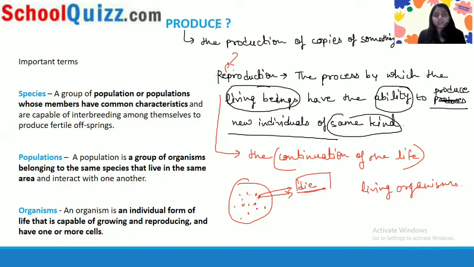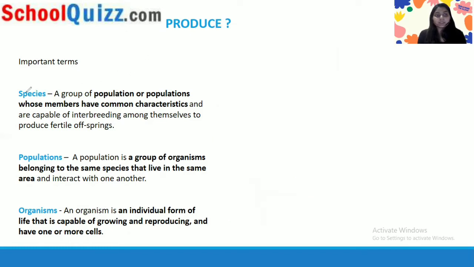Next we have some terms which will be discussed, because these terms will be used later in our class. So please clear these terms. So what is a species? A group of populations whose members have common characteristics and are capable of interbreeding among themselves to produce fertile offsprings.